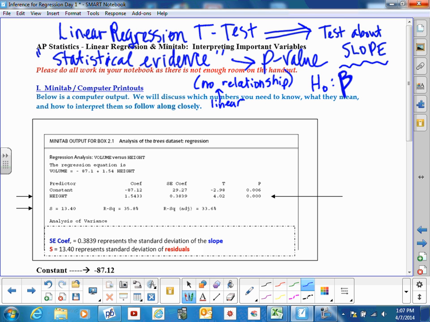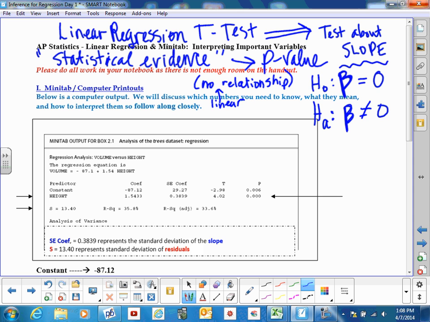What do you think that slope would be? 0, that's right. So what we're going to end up seeing when we run our tests is that if we have a slope of 0 in the sample, then we have no linear relationship. But if we have a sample that has a slope far enough away from 0, then I will reject the null hypothesis, and then what will I conclude?